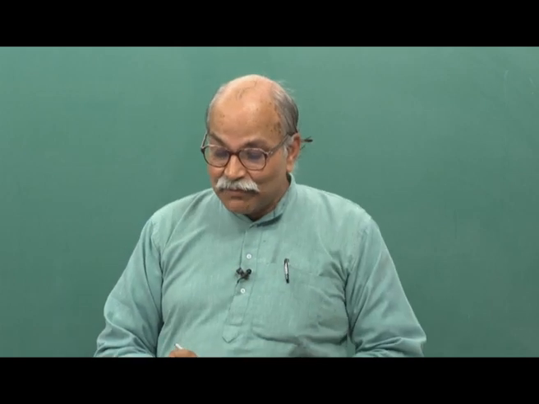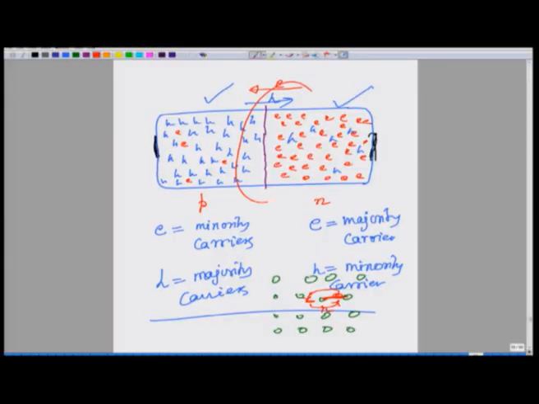This is a very important phenomenon, that across the junction in this region, the charge density is appearing. Charge density is no more 0. And what kind of charge is appearing? On this side, negative charge is appearing, and on this side positive charge is appearing. So, this is one thing that is new.